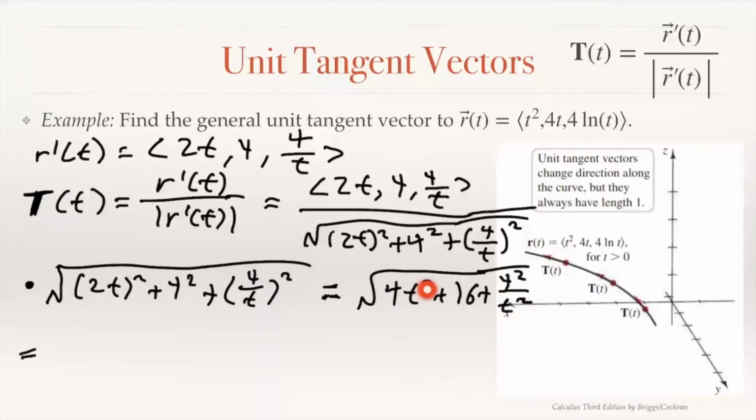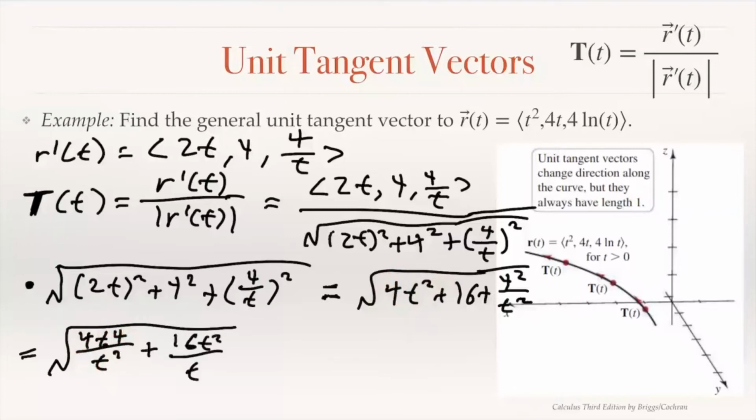We can multiply it by t squared over t squared, which is a fancy form of multiplying by 1. Let me illustrate. So that's 4t to the 4th over t squared. Similarly, plus 16 t squared over t squared. And this guy we leave as is. The point is now they have a common denominator.